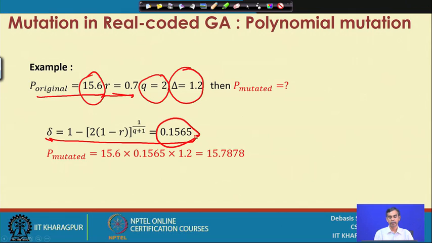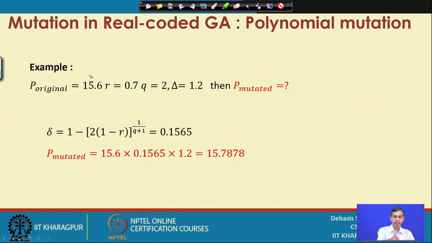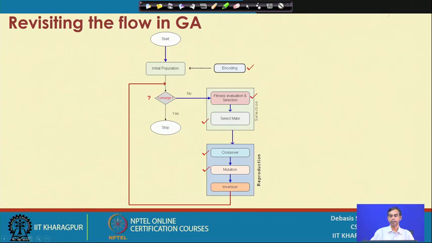Once the delta value is known, we will be able to calculate using the same formula. So, if this is the child chromosome, then the mutated chromosome is like this. This way the mutated chromosome value can be obtained. So, these are the two techniques for the real coded GA.